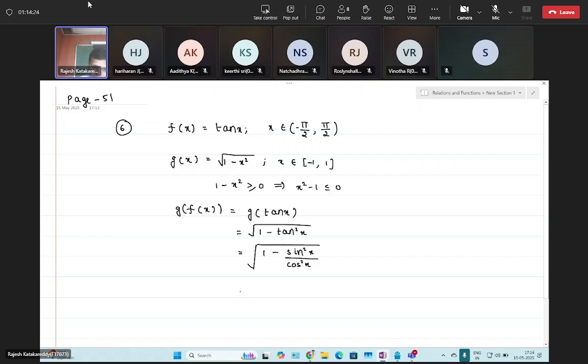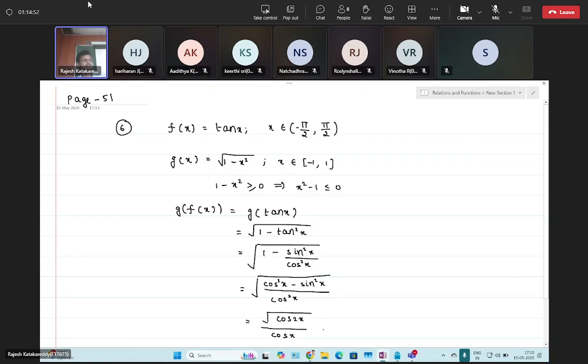The numerator becomes root of cos square x minus sine square x, divided by cos square x. I can write this as root of cos 2x over just cos x, because cos x is positive in the interval.